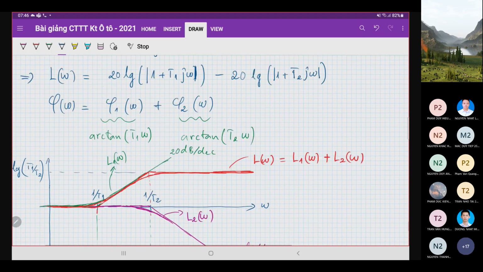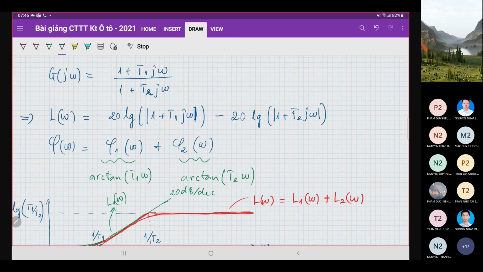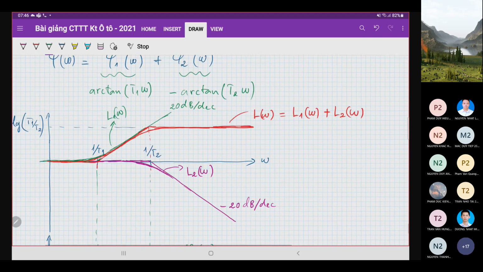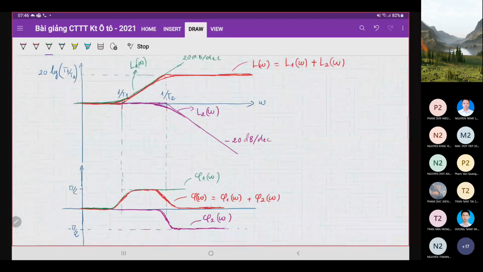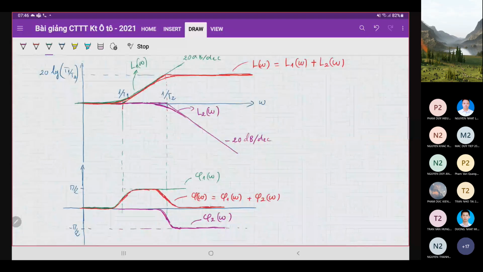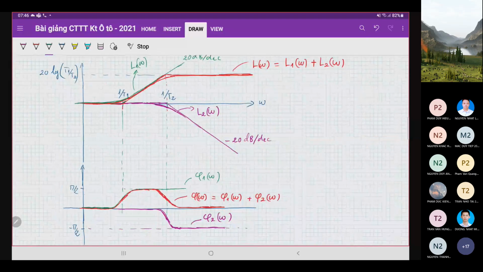You see, and this phi 2 equals minus arctan, right? So here is the whole diagram of this system.